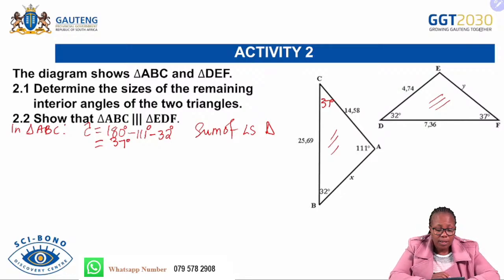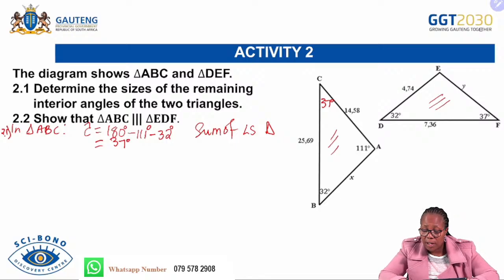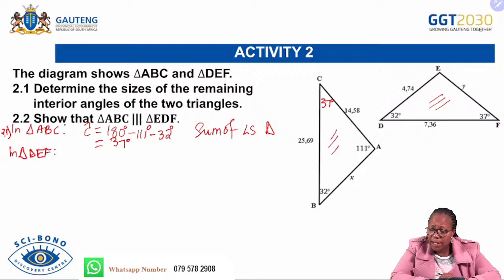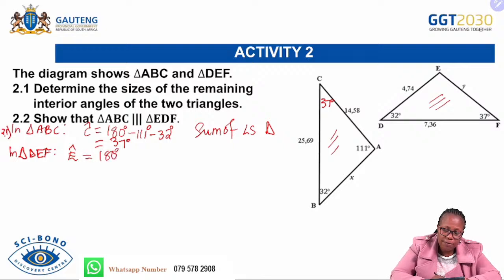Okay. And then now we are answering 2.1, remember, where we are determining the sizes of the remaining angles. And then in triangle DEF, the unknown angle there is E. And then to calculate E, we are taking sum of angles of a triangle.